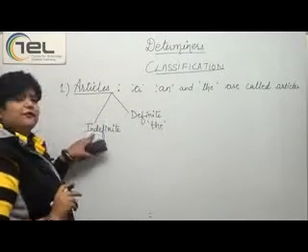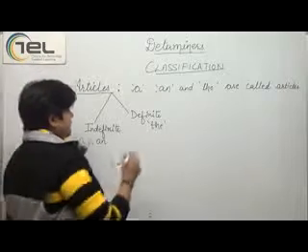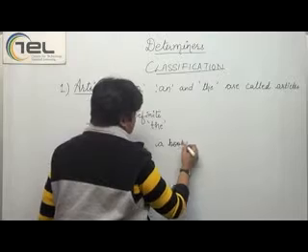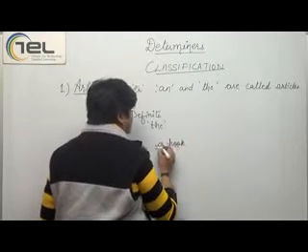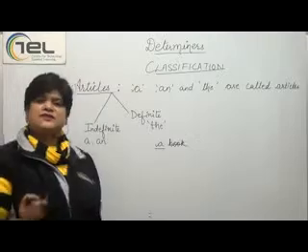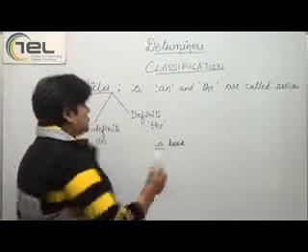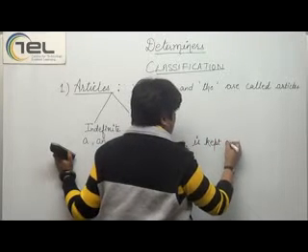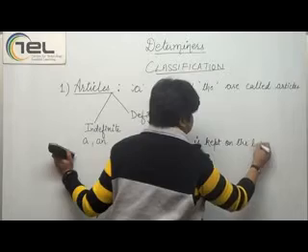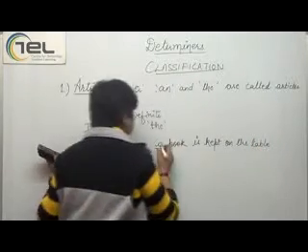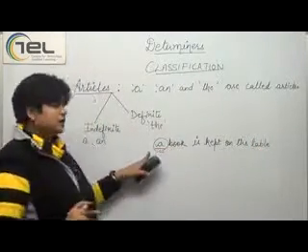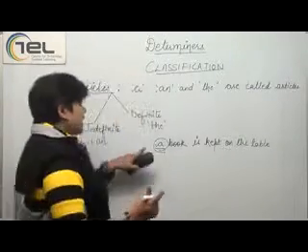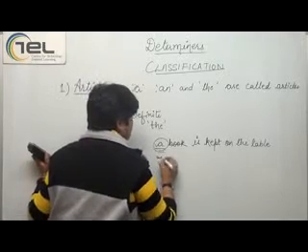Now, why are they called indefinite articles? For example, if I say a book, here I am talking about a book, but I am not specifying which book. A book is kept on the table. Here I am not specifying, that's why I have used a. But if I want to specify, or if the person knows which book I am talking about, I'll use the in place of a.